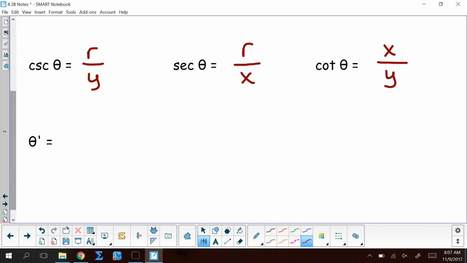Now, to find the reference angle, you're going to use finding an angle. So we're going to use an inverse, and that inverse is going to be tangent. Why do we use tangent as our inverse? Because we don't have to do any extra figuring.